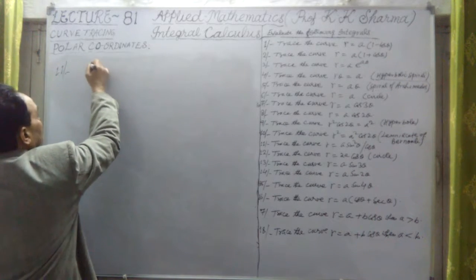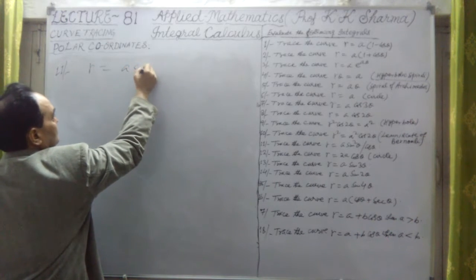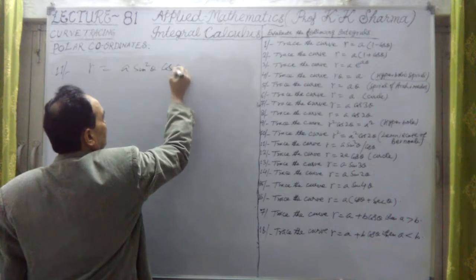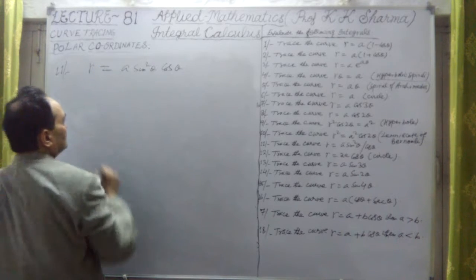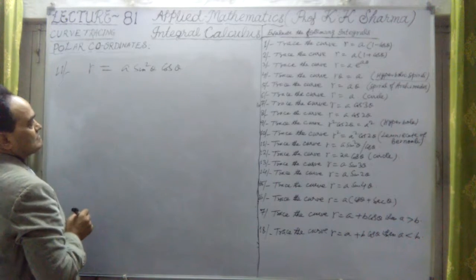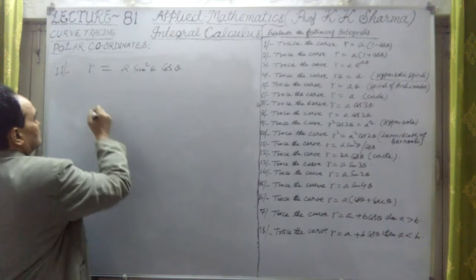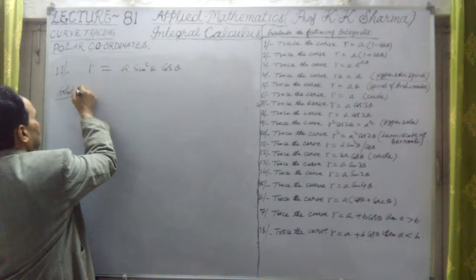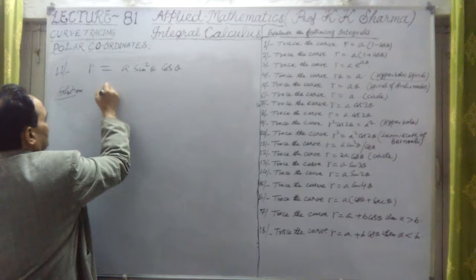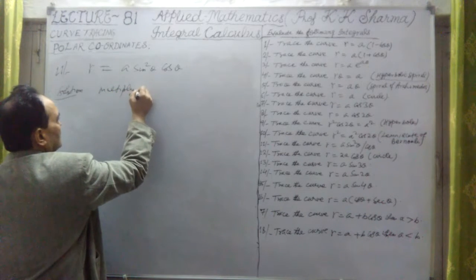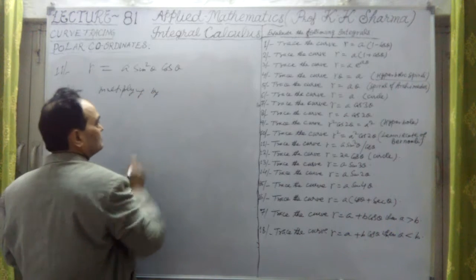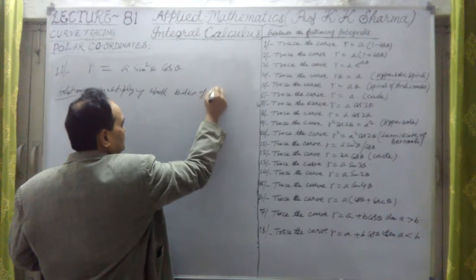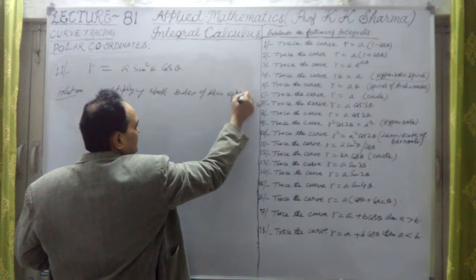Now I multiply both sides of this equation by r, and we convert this into Cartesian coordinates.